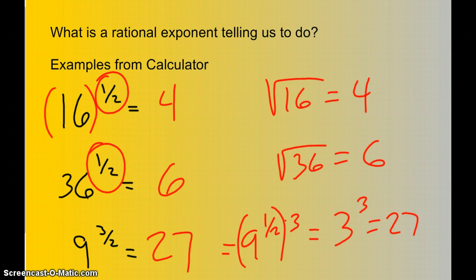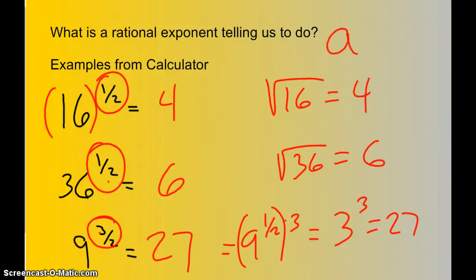So here's our observation. A 1/2 power tells us it's a square root. A 3/2 power says take the square root and cube it. So here's what a rational exponent is telling us.